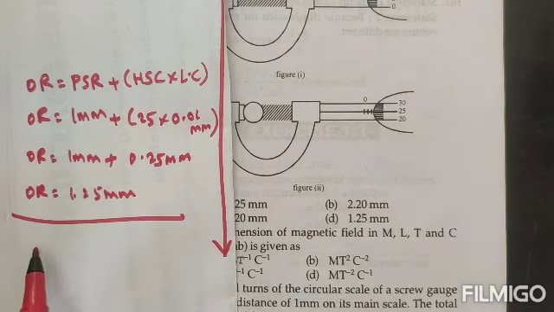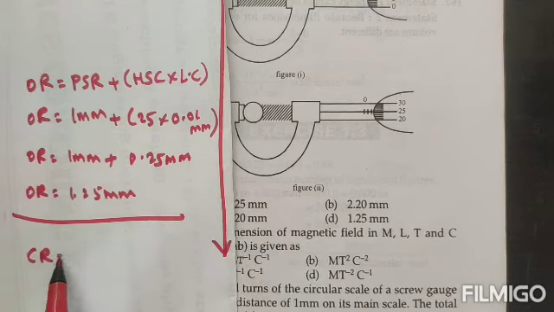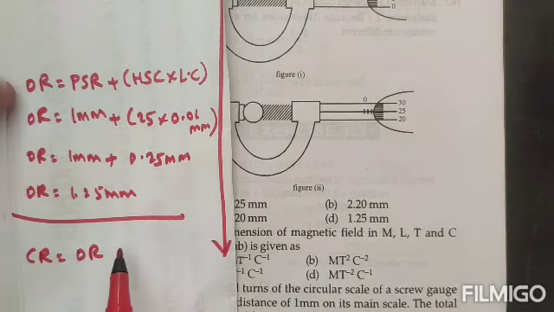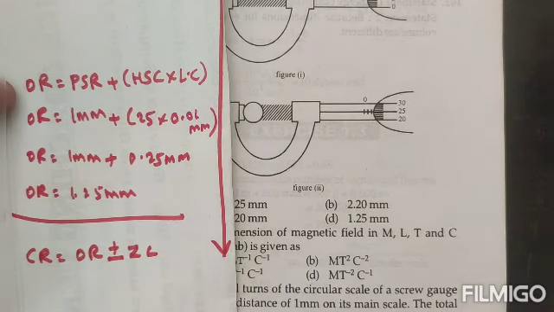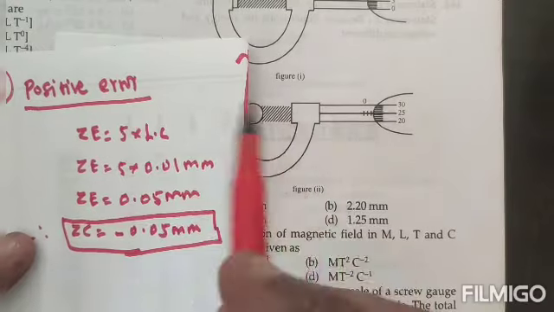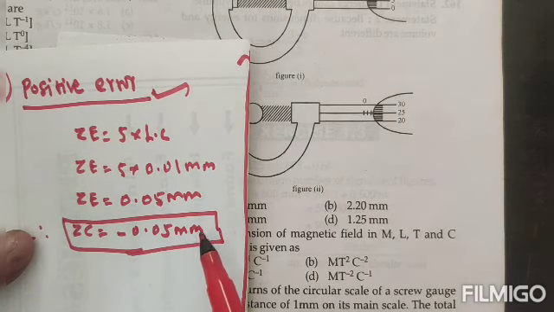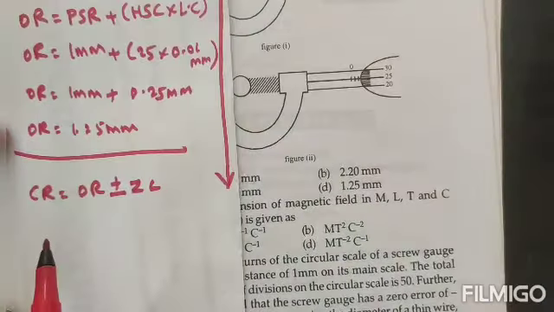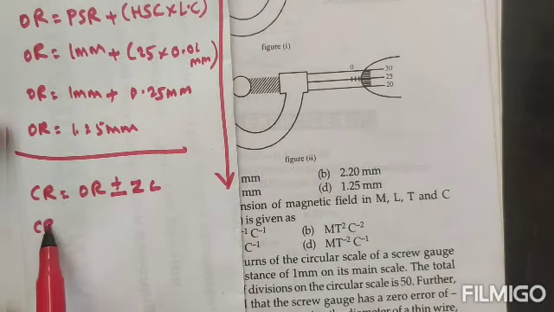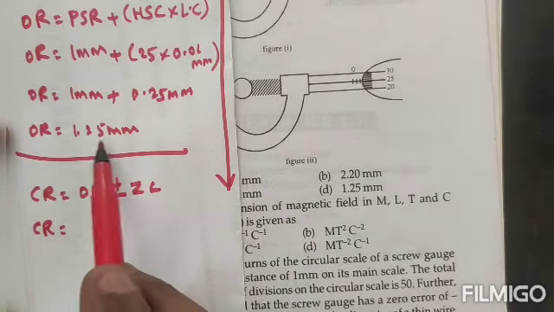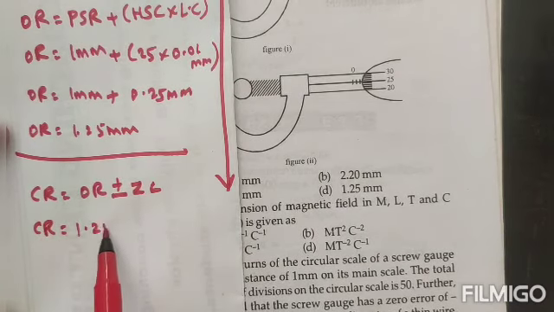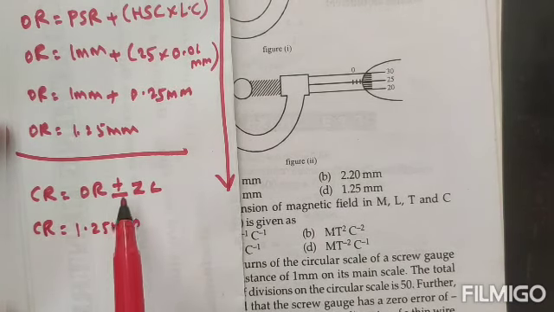Now what is the correct reading? So correct reading formula is observed reading plus or minus zero correction. So you know very well, in this question we got positive error. So zero error is 0.05 millimeter, but zero correction is minus 0.05 millimeter. So let's write here correct reading. This is the final. Correct reading equals observed reading, 1.25 millimeter, plus or minus.